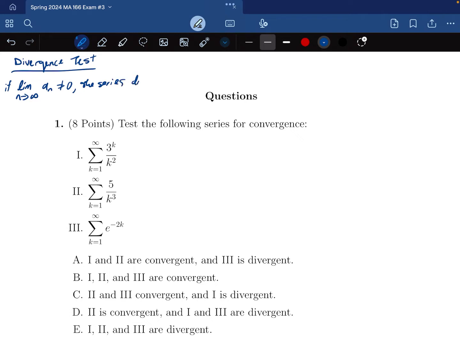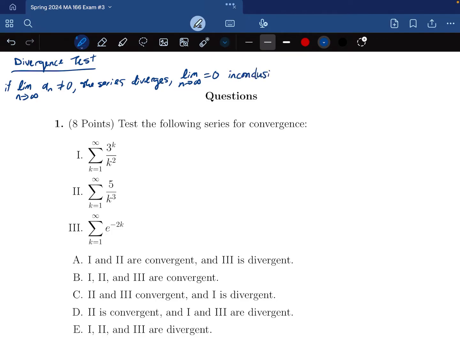Okay? The series diverges if the limit is not equal to 0. If the limit as n approaches infinity is equal to 0, the result is inconclusive.